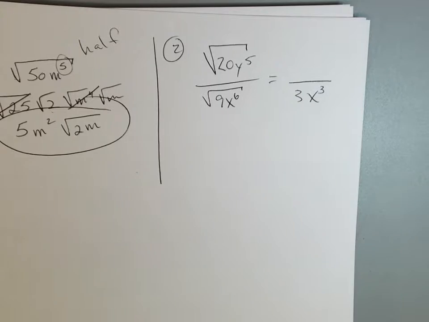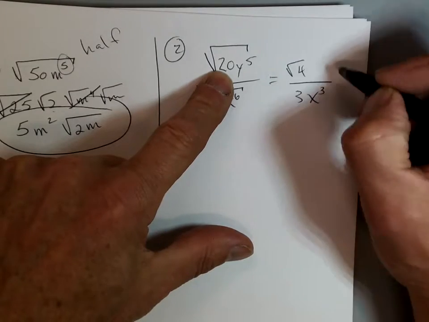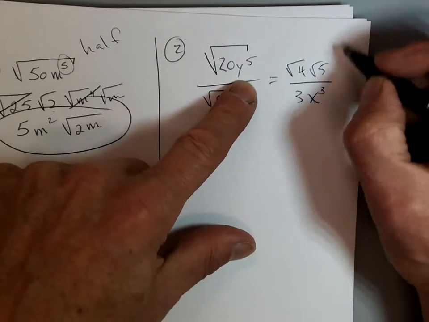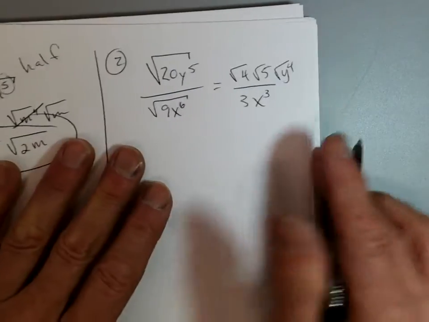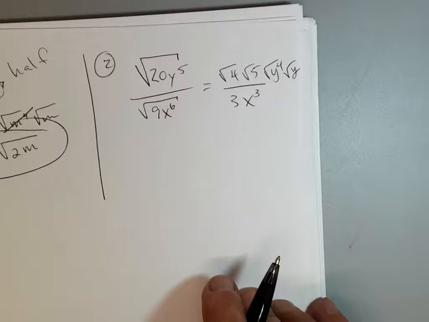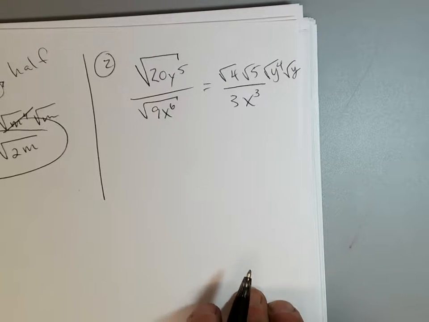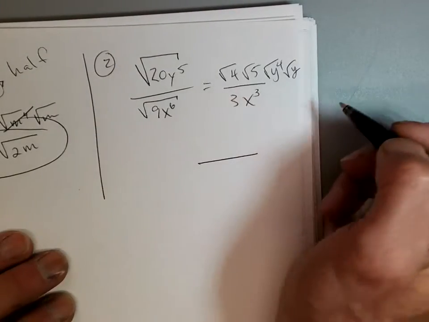But the numerator needs breaking down. 4 and 5, square root of 4, square root of 5. And I'm going to go the square root of y to the 4th and a square root of y, okay? Almost there. Now I just have to take some square roots. So on the numerator or the top, am I going too fast?